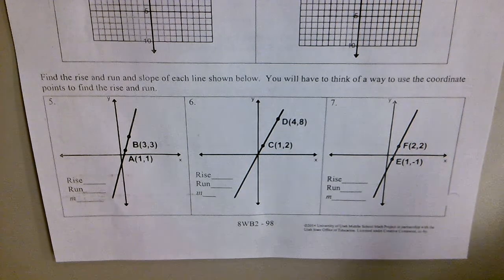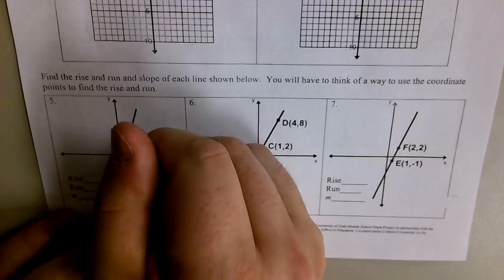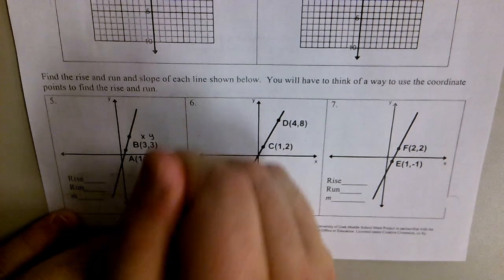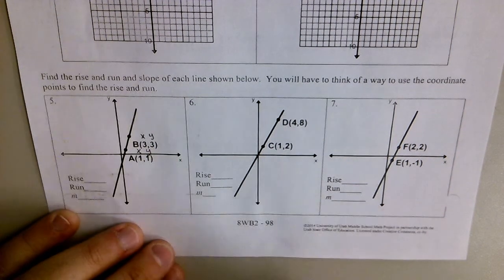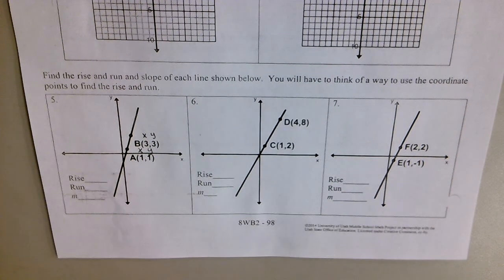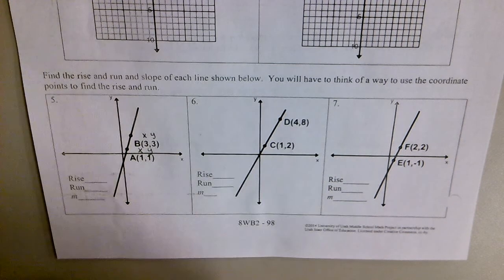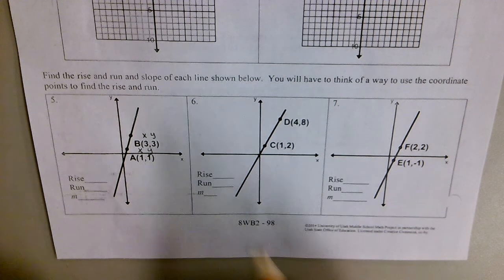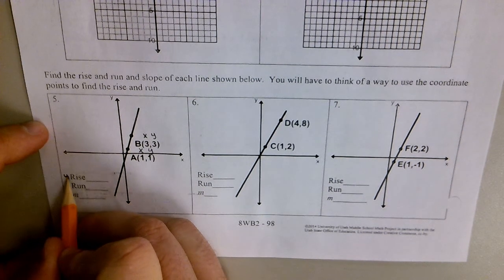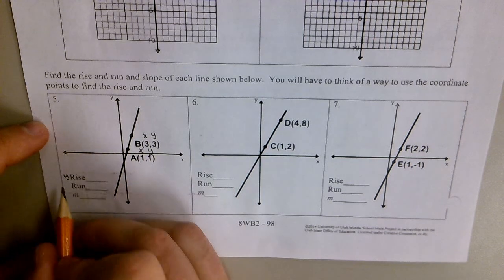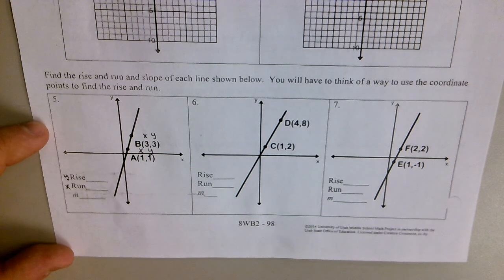When I look at these points, I know that every point is made up of an x and a y, right? So we can kind of gauge how far we're moving. I know that y's control my up and down, and my x's control my left and right. So my rises are controlled by my y, my run is controlled by my x.